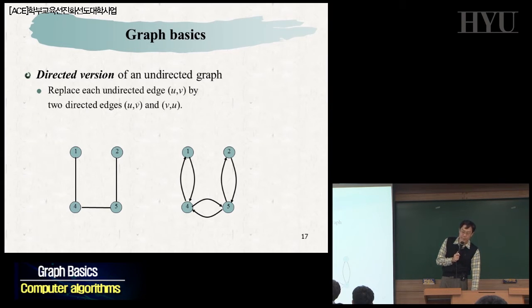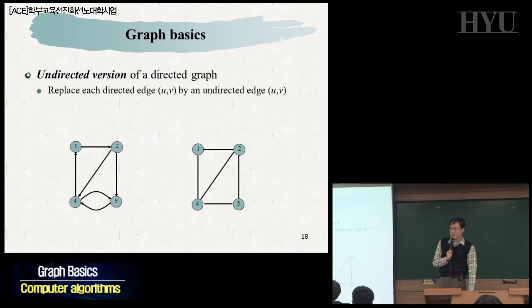And symmetrically, we can consider an undirected version of a directed graph. In this case, replace each directed edge by an undirected edge. So these 4 edges are converted to undirected edges. But look at this. These 2 bidirectional edges are converted to only 1 undirected edge.